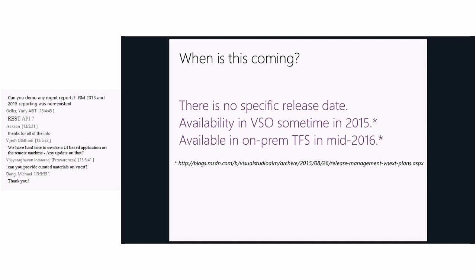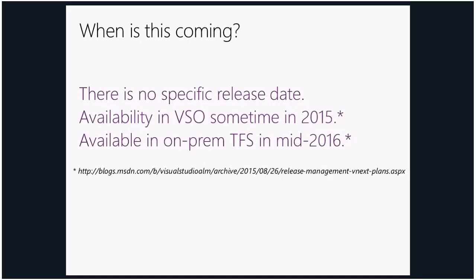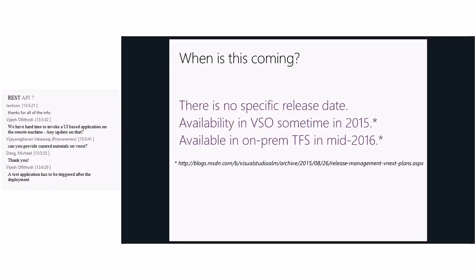And then there's another question, which is, we've had a hard time invoking a UI-based application on a remote machine. Any update on that? I would question why you want to do that. I would expect that would still be problematic, and that's probably part of a bigger discussion about what your deployment is actually doing and why it's doing it.